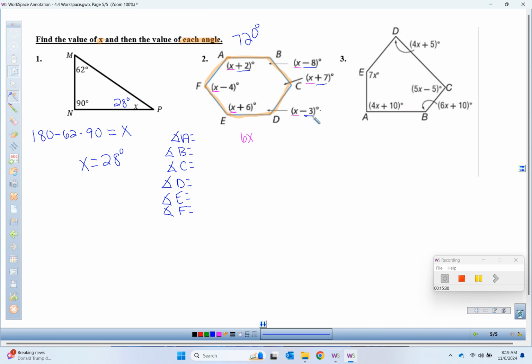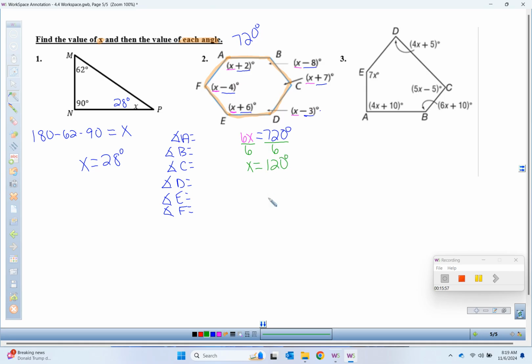We should be at a negative 2 plus 6 should be at a positive 4. And then minus 4 puts us at 0. So we don't need to do anything for that. It's just 6x minus 720 degrees, and we are solving for x. So you should get x equals 120.